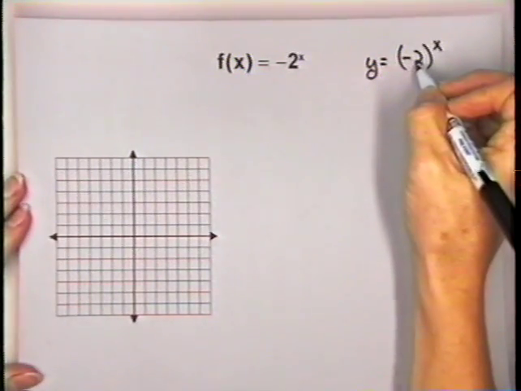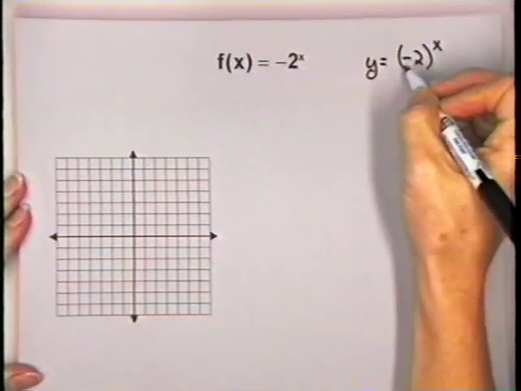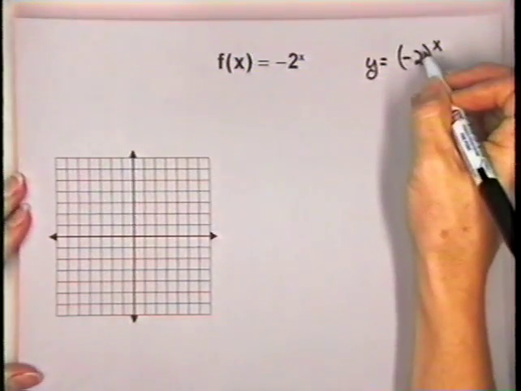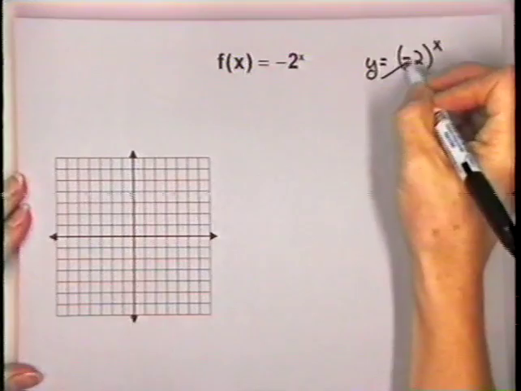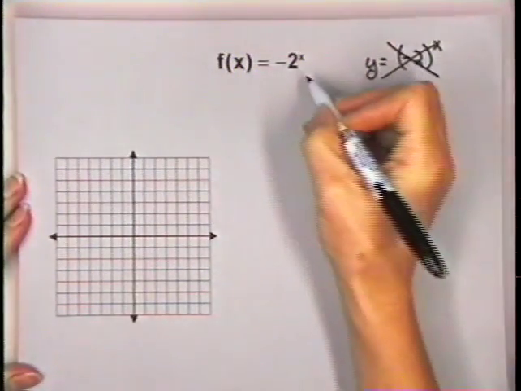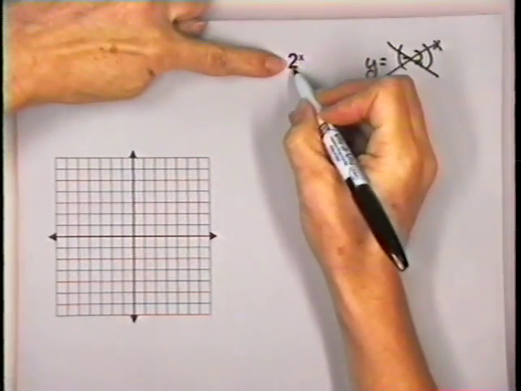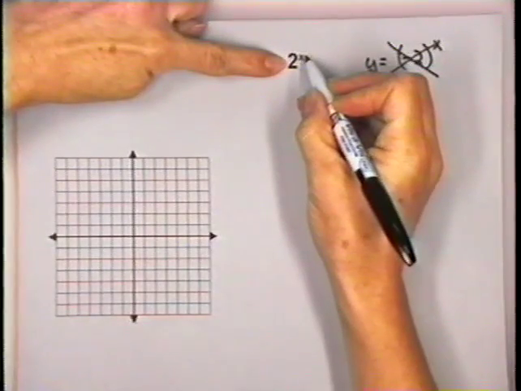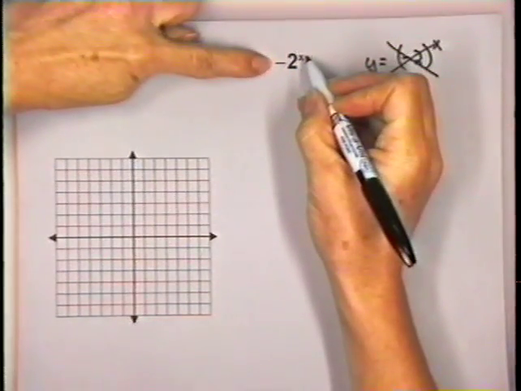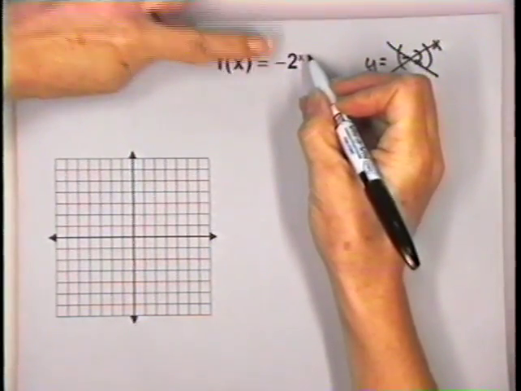Well, when we defined exponential functions, we said we couldn't have a negative base. So this is not what we mean. This means we're going to raise 2 to the x power, and after we do that exponent, then we're going to multiply by -1 or find the opposite.